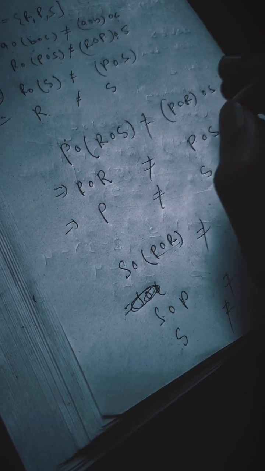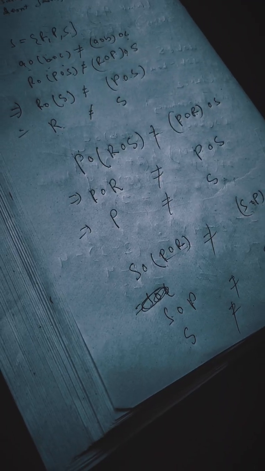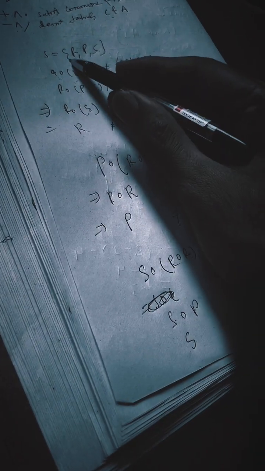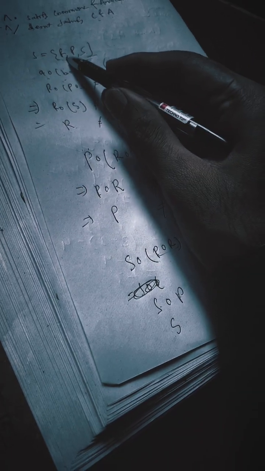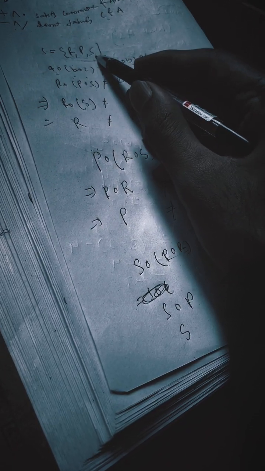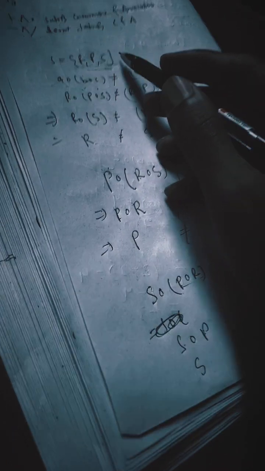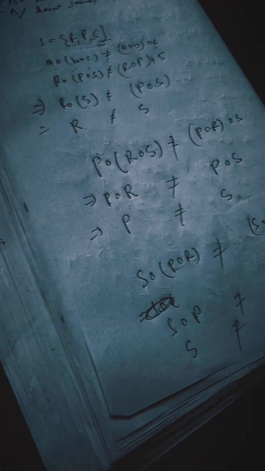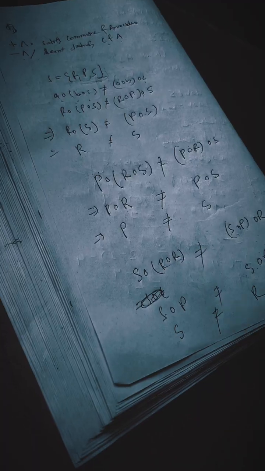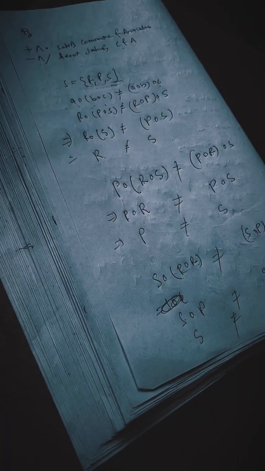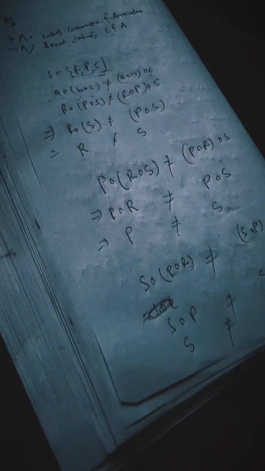No. It should satisfy for every combination, among all these sets. We have how many here? 1, 2, 3. You have to satisfy associativity in all the combinations, not only one. But here it is not even one. In every case it fails. So our game is not associative.